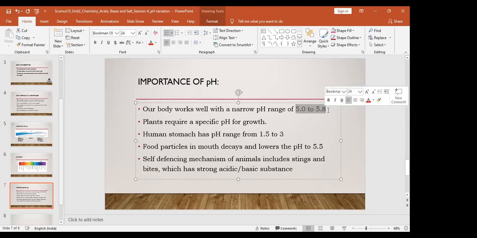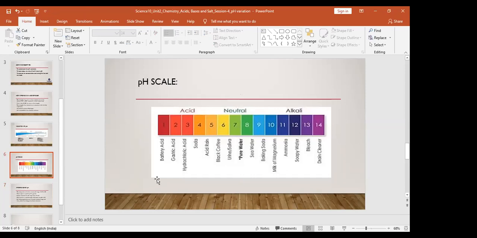The plant that we grow also grows with a specific pH in the soil. Now, if the soil pH is disturbed, the plant dies, which happens in case of acid rain. Acid rain, in the previous slide, if you remember, takes the pH level down to 5 or maybe less than 5.